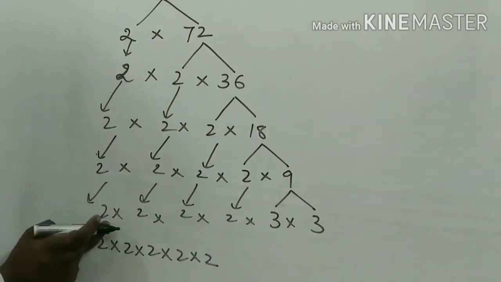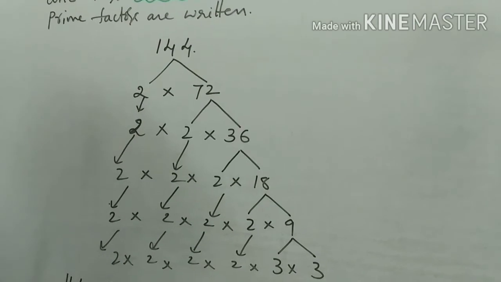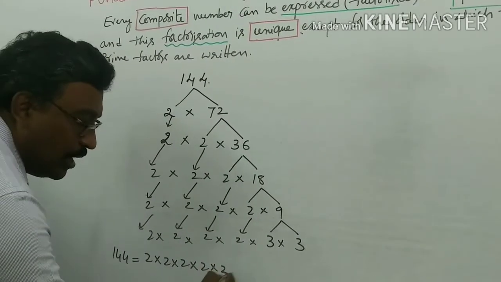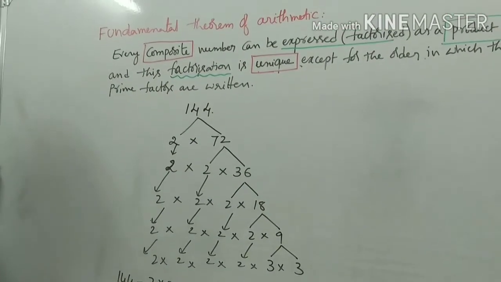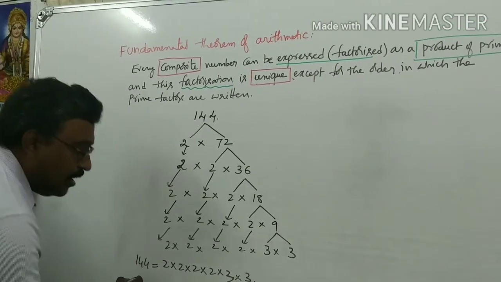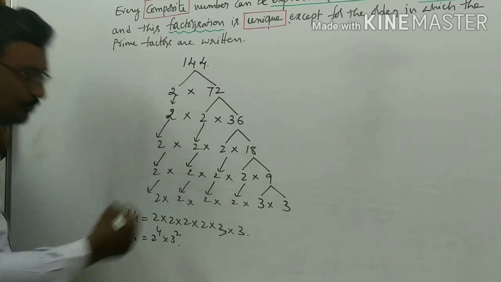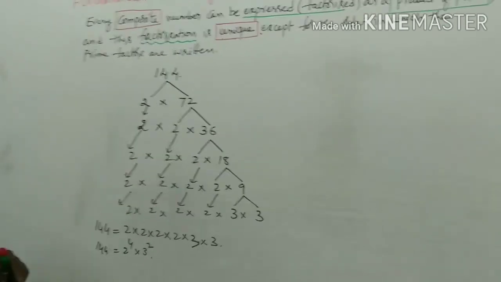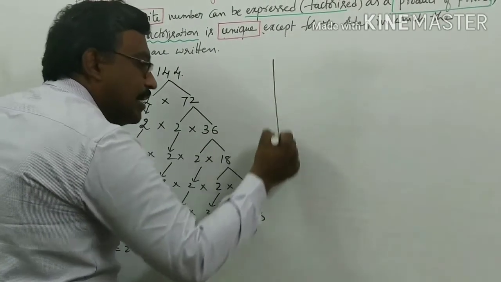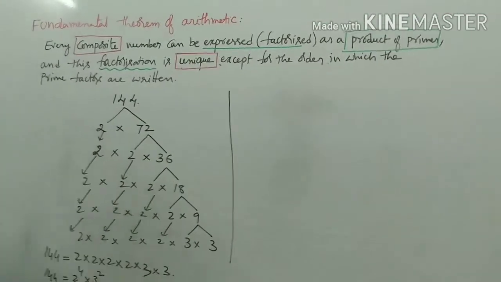How many 2s? 1, 2, 3, 4, into 3 into 3. So we can write this as 2 power 4 into 3 square. This is one way. This factorization is unique.